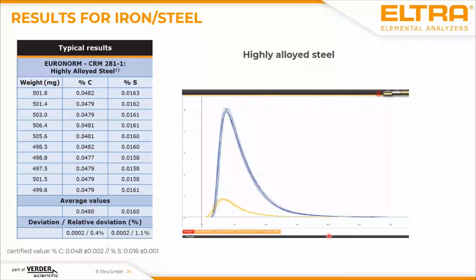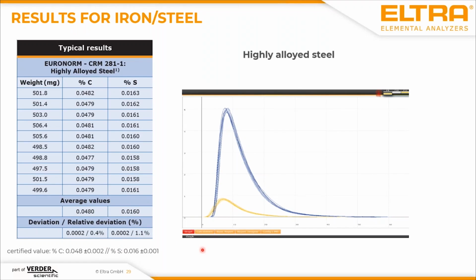Also for highly alloyed steel, which is more resistant, of course, where you need more power, and also a little bit more repeatability to measure it in a good way. And even though we have quite small amounts of roughly 500 ppm carbon and only 160 ppm sulfur, we receive results of much better than 1% for carbon and roughly 1%, about 2 ppm, for sulfur.